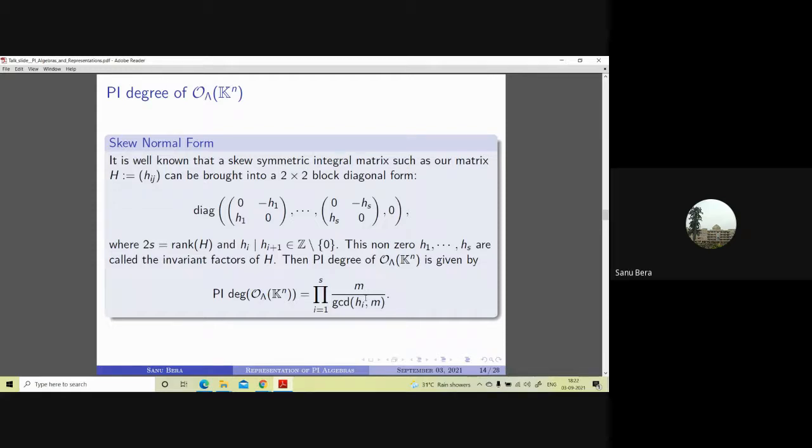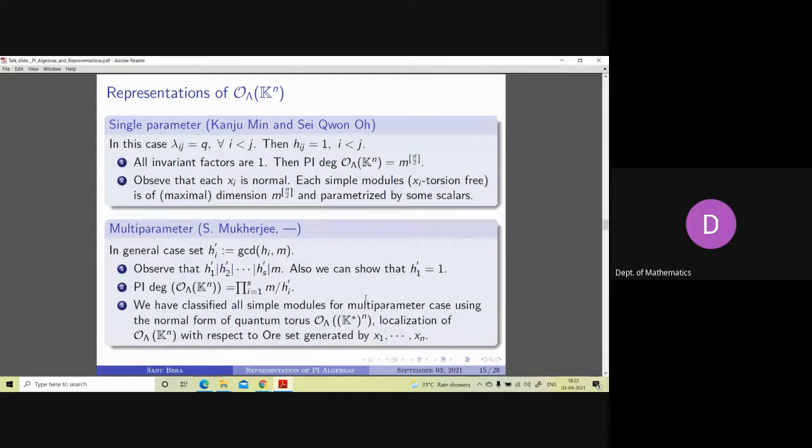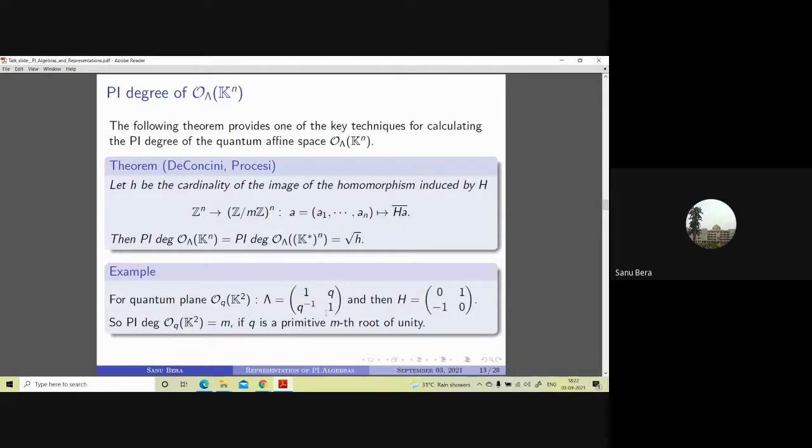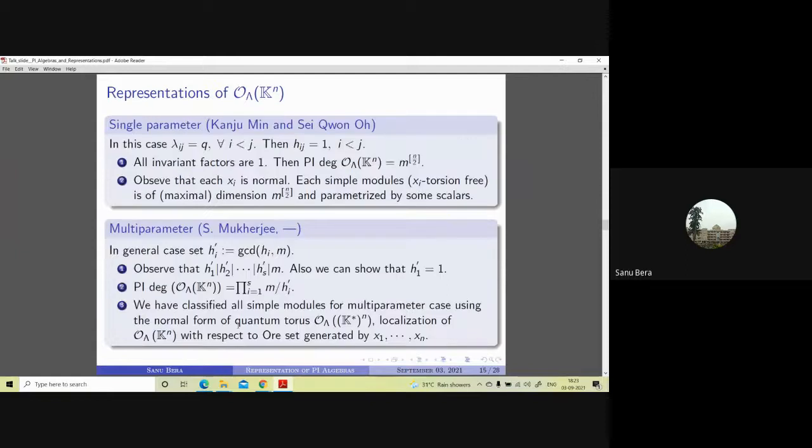So here you are assuming a single quantum plane? You are doing it for quantum n-space, quantum affine space. m is the order of q. I have calculated it for n equals 2.